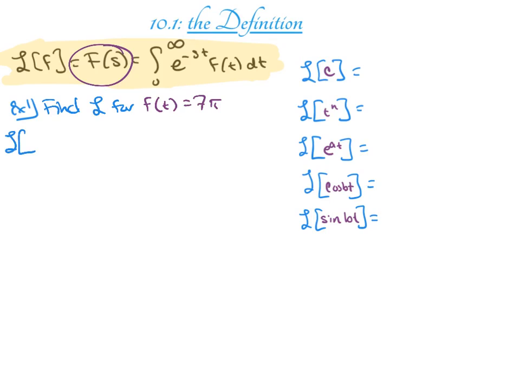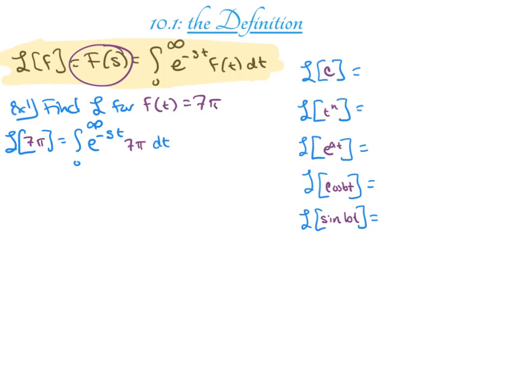The Laplace of 7 pi is equal to the integral from 0 to infinity of e to the negative st times 7 pi dt. Okay, so now remember, when we're integrating this, t is the variable as far as the integral is concerned. s, while it's a variable in nature, isn't varying over this integral. So s is behaving like a constant, and certainly 7 pi is.